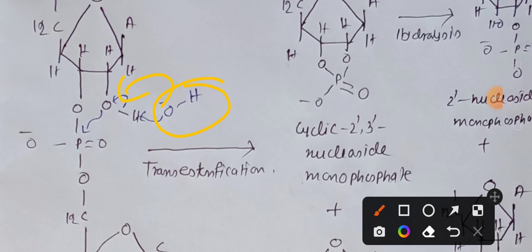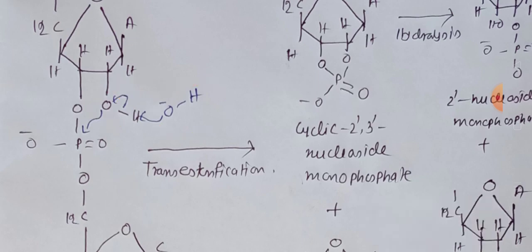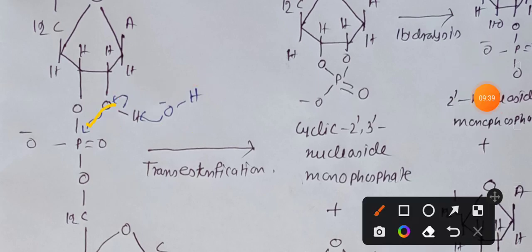Okay, and as a result, what will happen? There will be formation of a 2' alkoxide ion. And this 2' alkoxide ion is going to attack the 3' phosphate group, the phosphate group which is present at the 3' end.